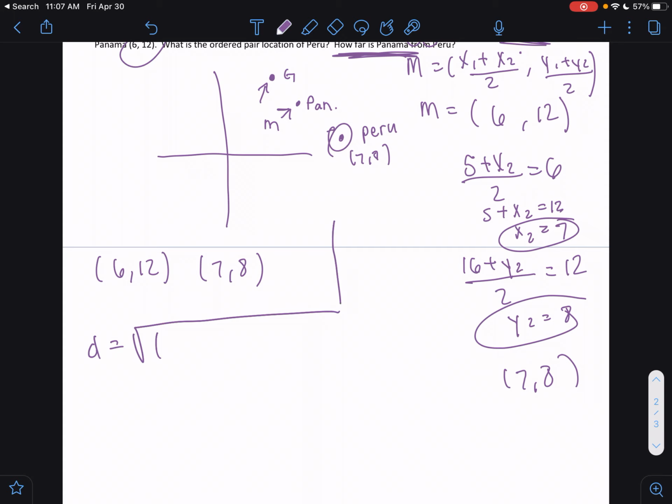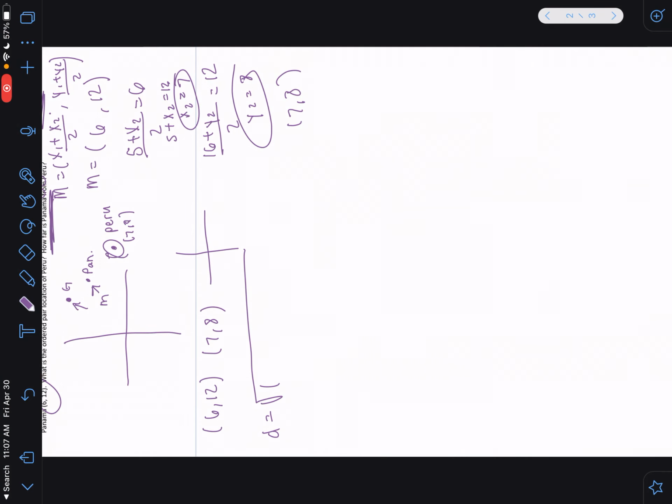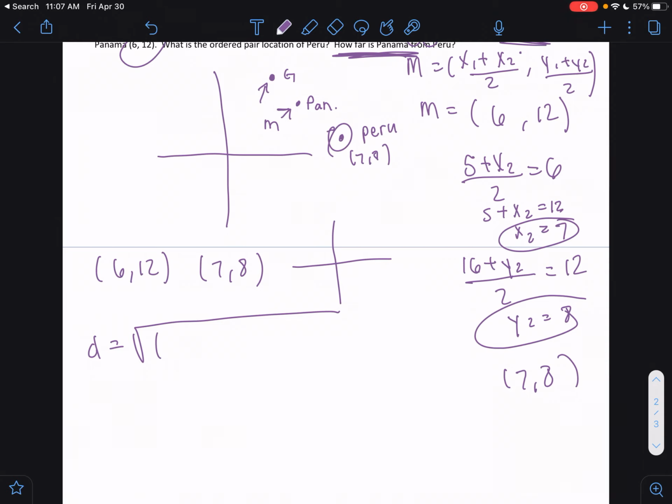So you could draw a graph here and create a triangle to use the distance formula. Or if you remember the distance formula or just want to use that, you can do that as well.